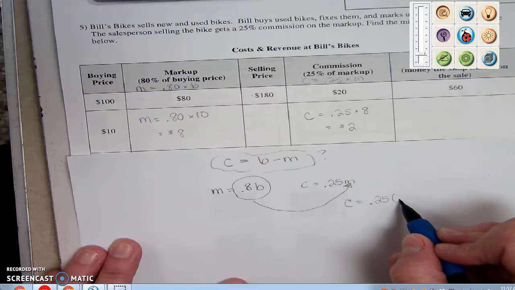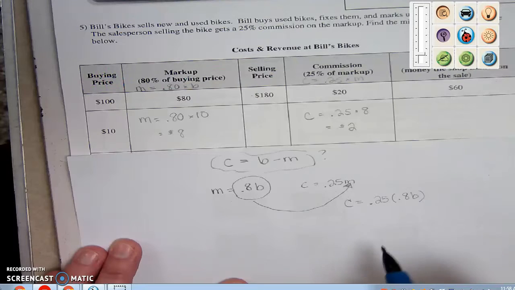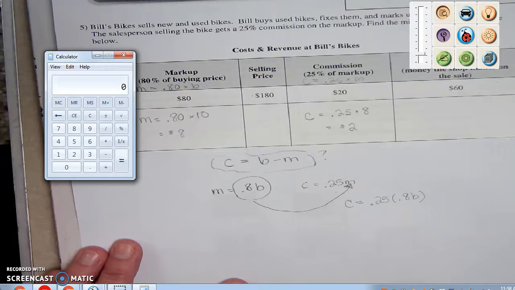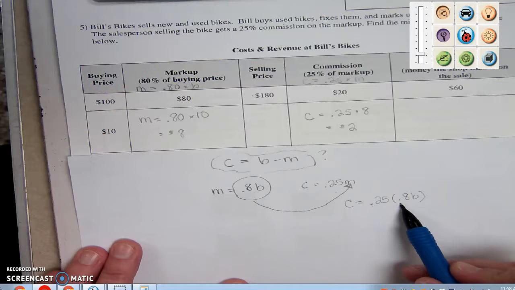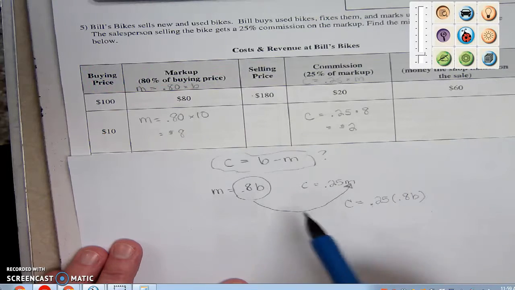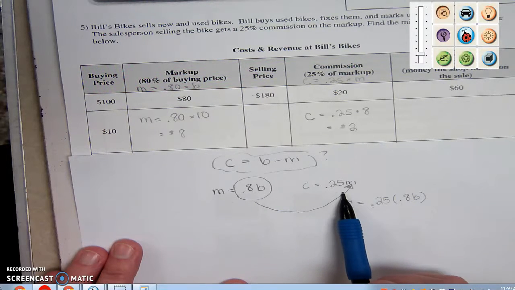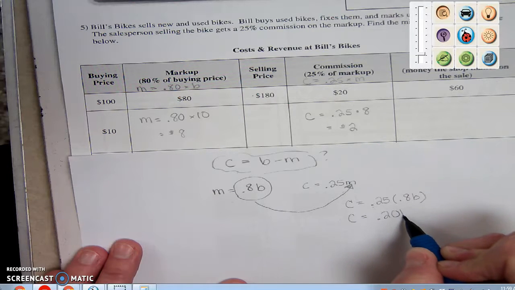Well, the markup is always 0.8 of the buying price. So I'm going to simplify this and put 0.25 times 0.8. So 0.25 times 0.80 is 0.2. So what that means is 25% of 80% is 20%. So if the markup is 80% of the buying price and the commission is 25% of the markup, then the commission is actually 20% of the buying price.